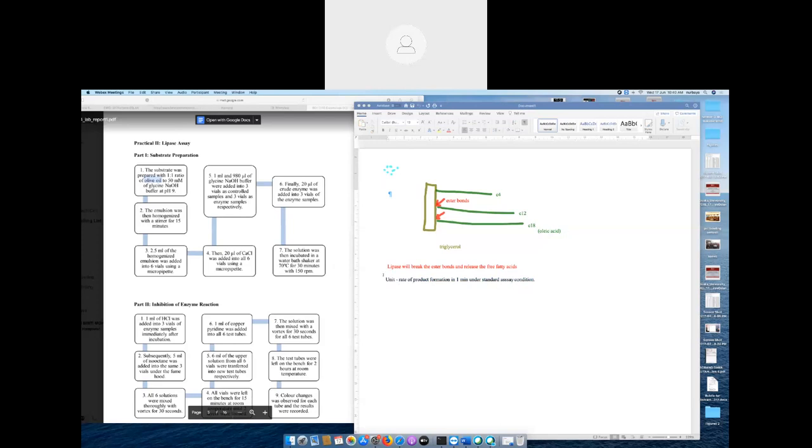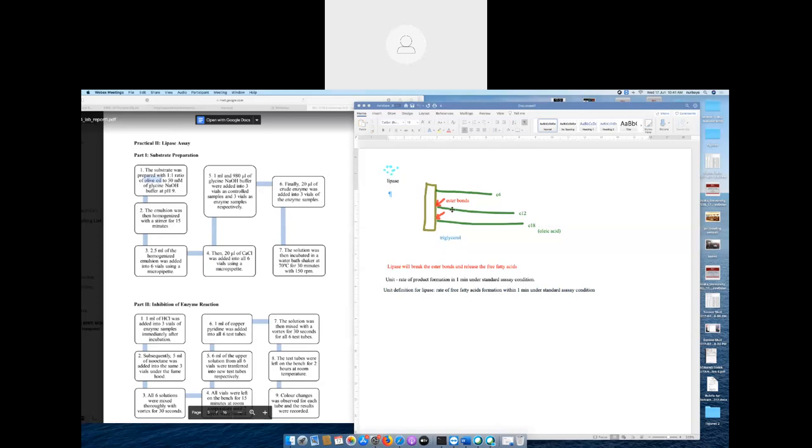For our case, the enzyme is lipase, so the unit definition for lipase, the one that we are working with now, is the rate of free fatty acid formation within 1 minute under standard assay condition, because lipase is the enzyme and the substrate is the triglyceride.